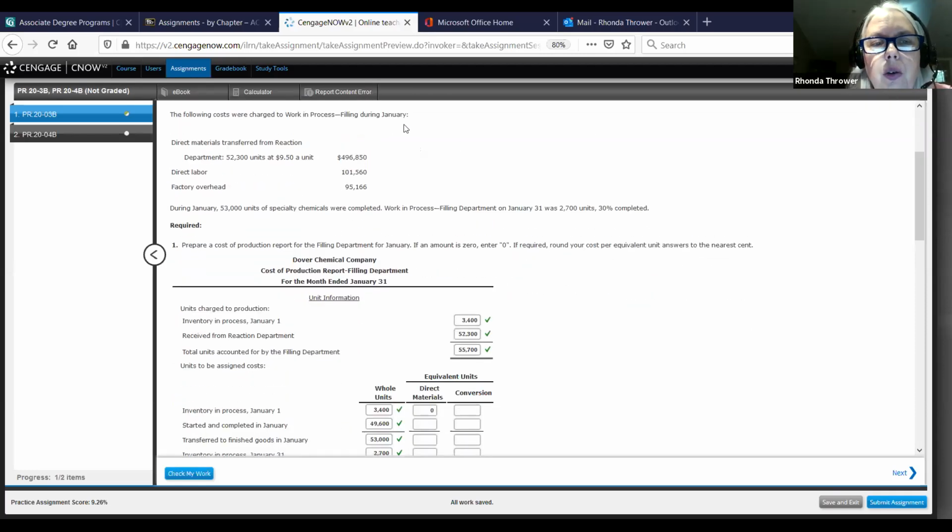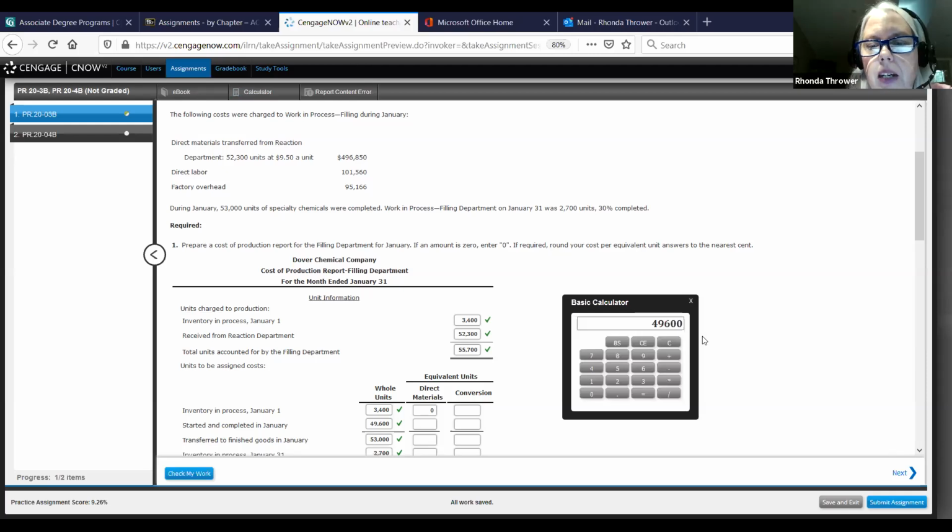So what we're going to do is take our beginning inventory units, which was 3,400 units, and multiply that by 40%, the percent that I need to finish this period with respect to conversion. So 3,400 units were started last period. 60% were finished last period.